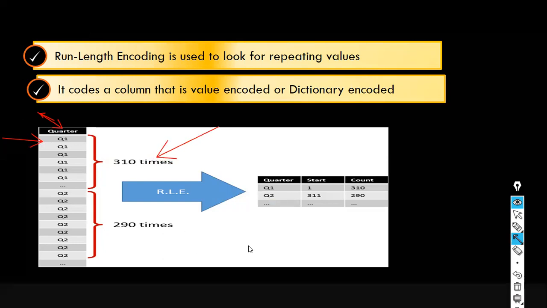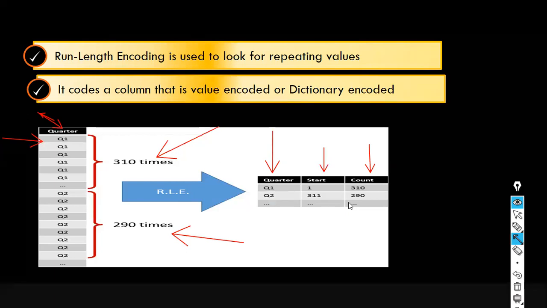Already they've given 310 times. Q2 is repeating 290 times. So in this case, what it does is in the quarter Q1, it starts with 1 and ends with 310. That means starting from first record to 310, the Q1 is available, repeatedly displayed.